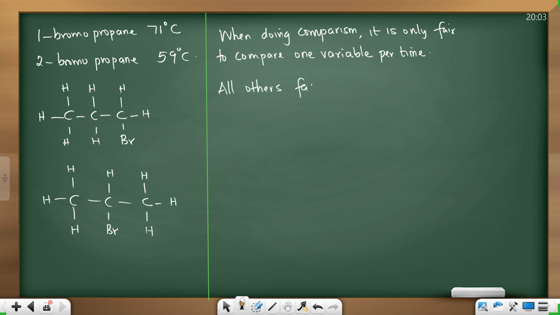All other factors must, underline must, be kept what? The same. You are only comparing 1 variable per time.